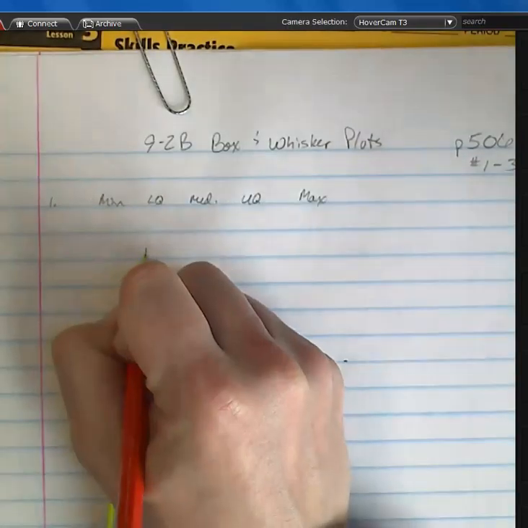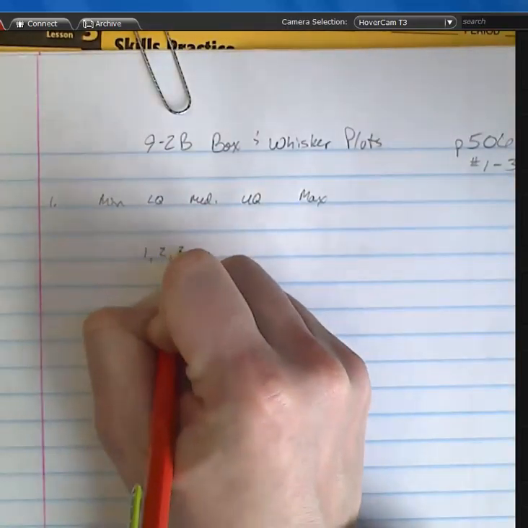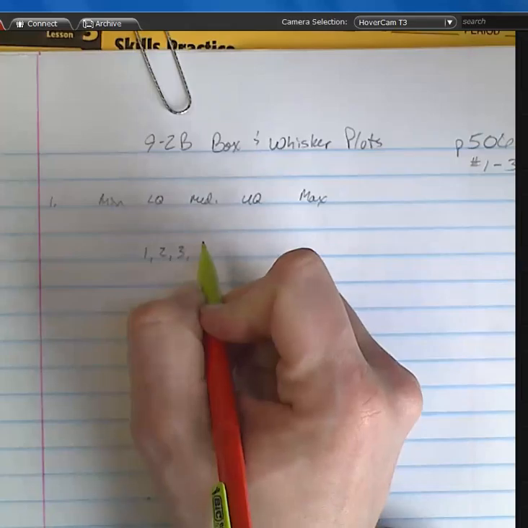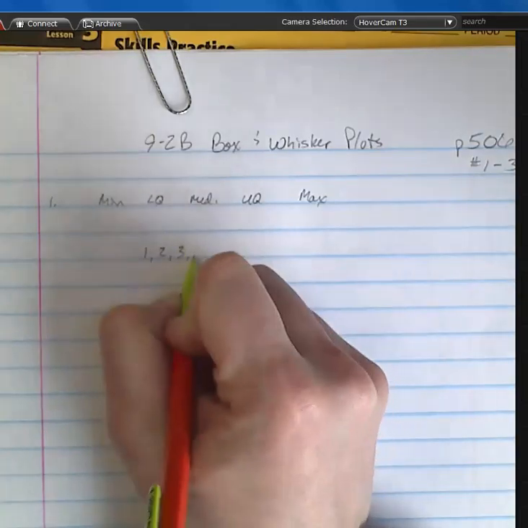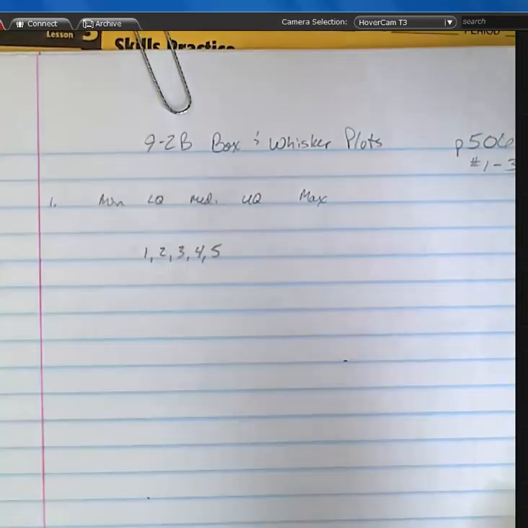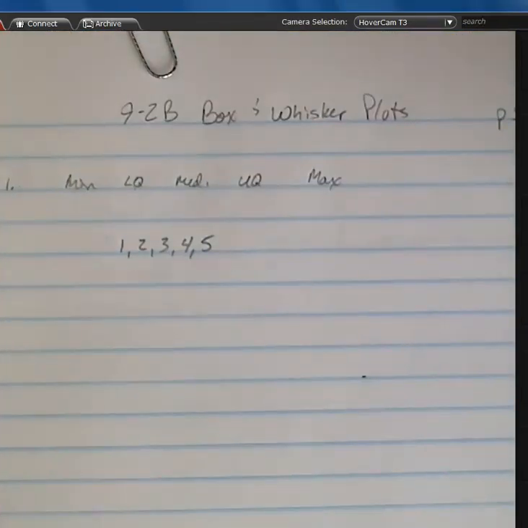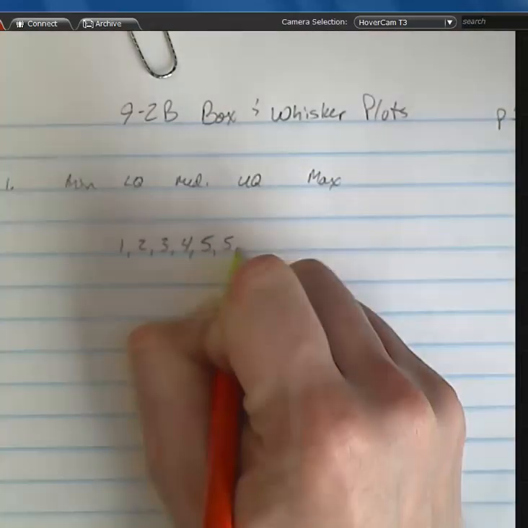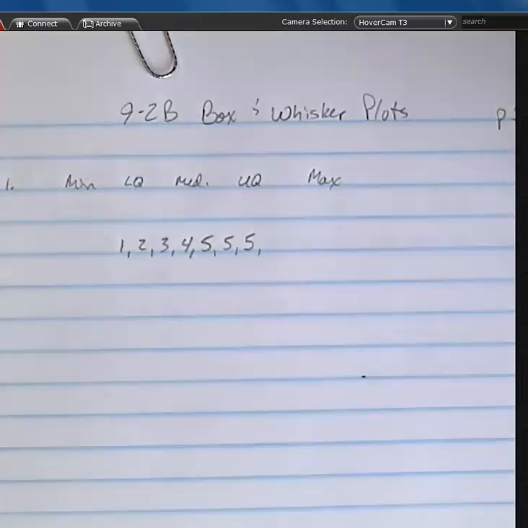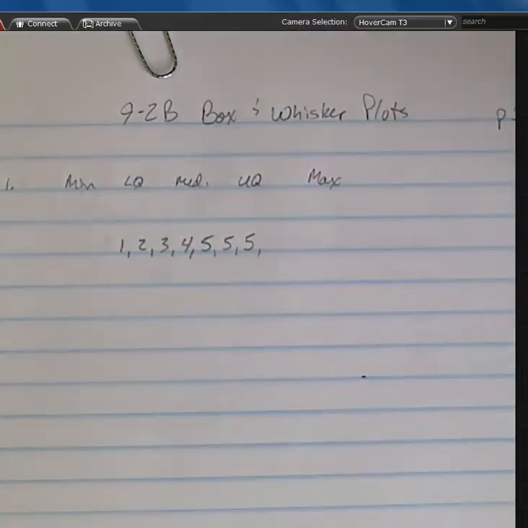I see a 1, a 2, a 3, a 4, and a 5. Oh, there are 3 5s. I saw 2. There are 3. And remember, even if you have repeats, you write every single one down.